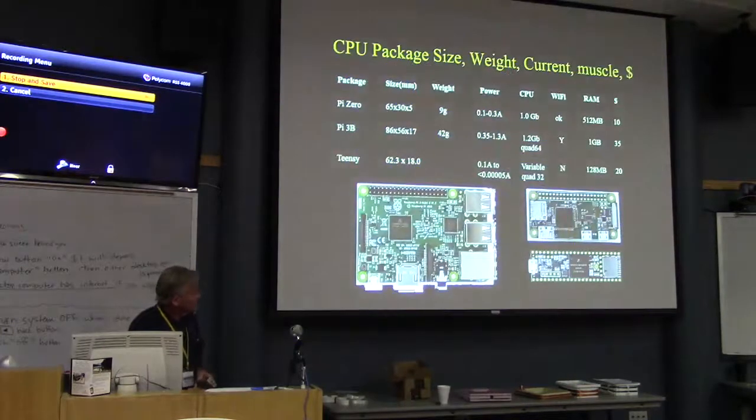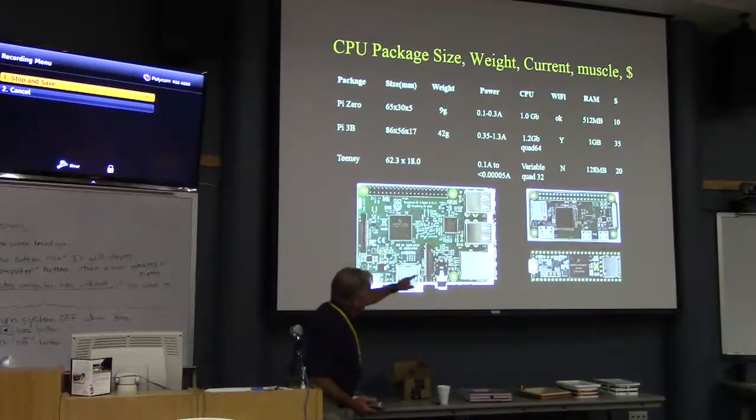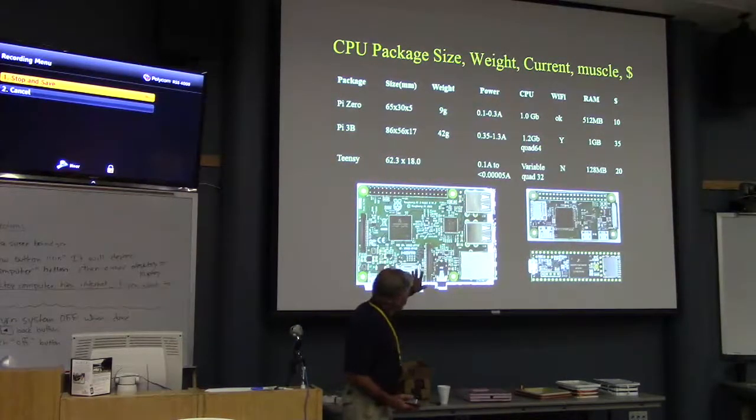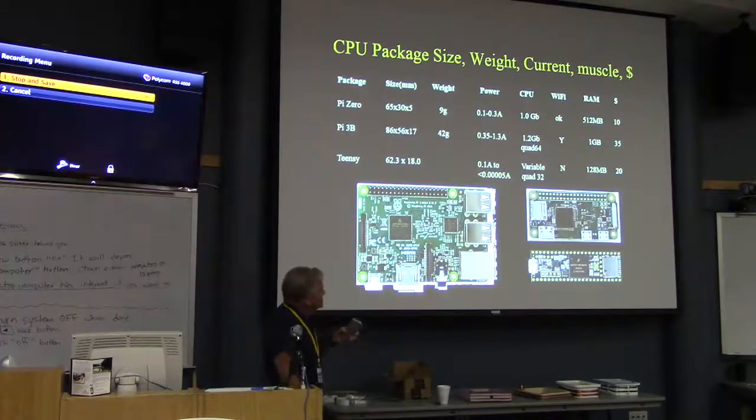So this is a picture of what's going around. What you see here is the Pi, that 3B. That above is the Pi 0, and that's the Teensy. The reason we're doing that is to use the data up above. The Teensy is low current, just like the Pi 0, but you can run the speed up and down. It doesn't have as much background stuff going on.